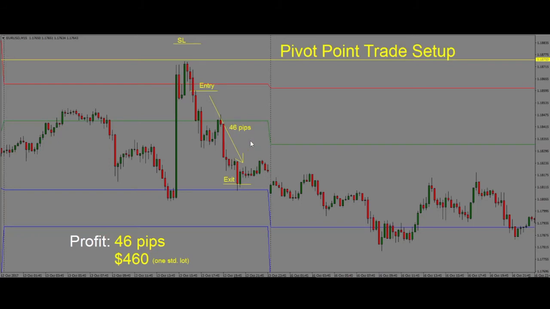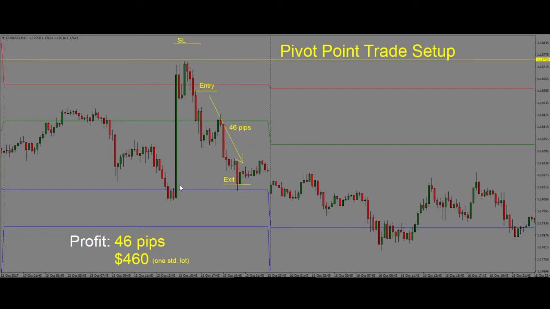So just to recap, in a pivot point trade setup, we're looking for price to react at one of the pivot point levels. In this case, price comes and holds below our R1 level. Once we see that price is holding below our R1 level, that's a good place to enter the trade. So we wait for a bit of a pullback here, enter the trade short. Our stop would go above the highs, and then we are waiting for price to come into our S1 level.